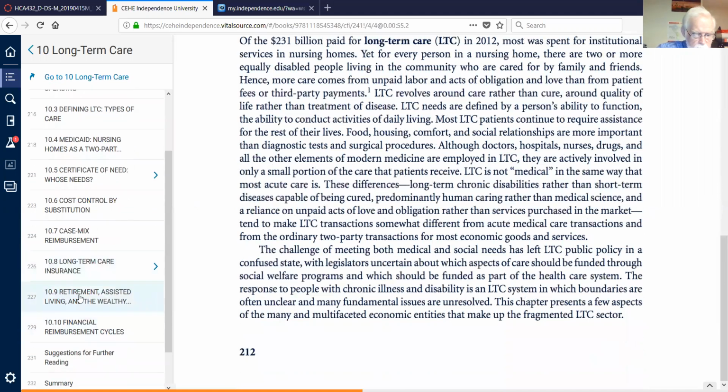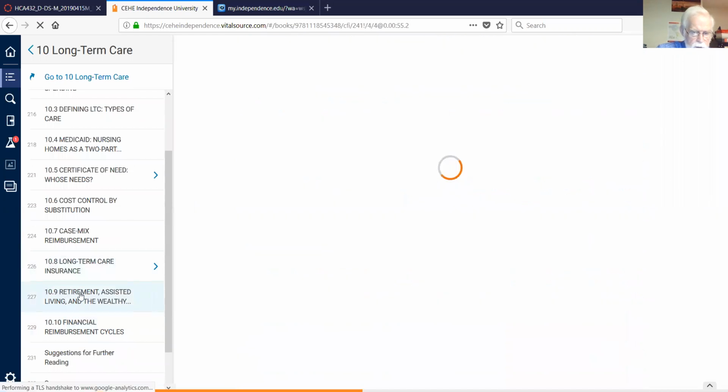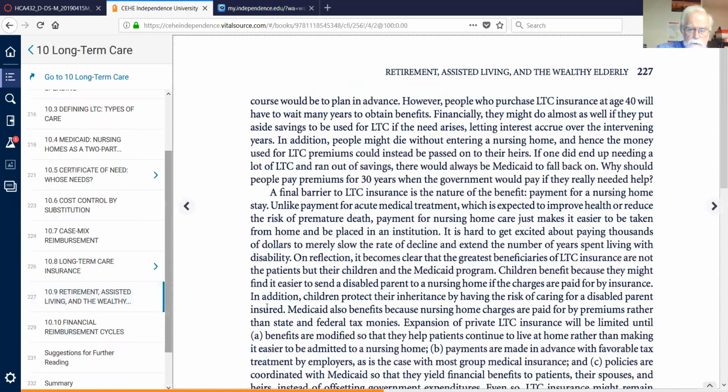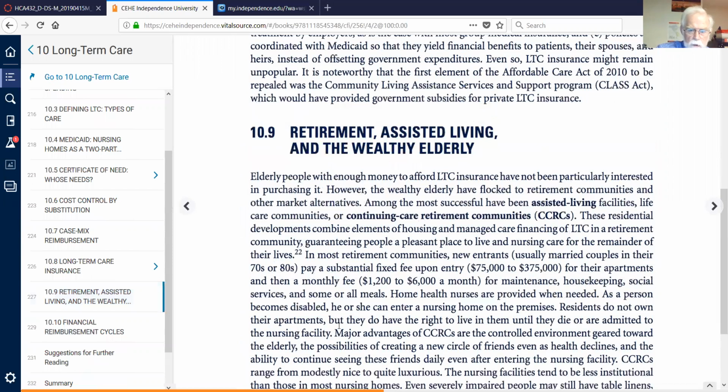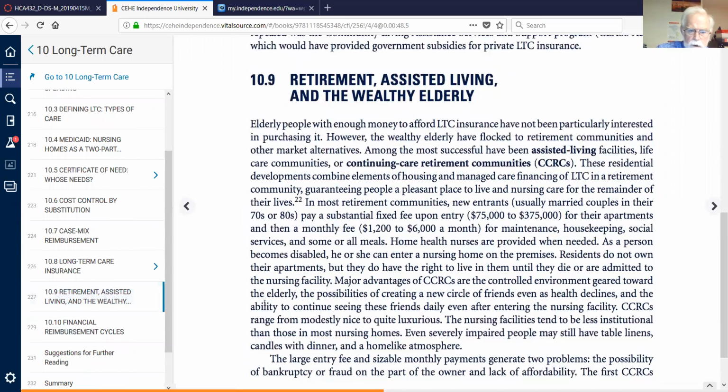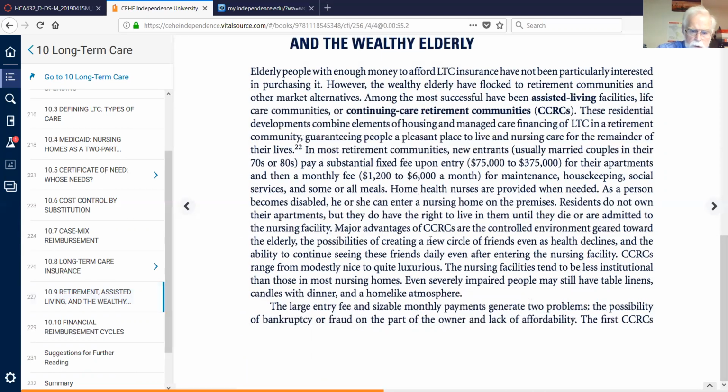And again, you mentioned in your first week's discussion the idea of the wealthy. Let's take a quick look at this one. The wealthy elderly can get into specialized communities. There's a whole article here, the whole system here, about assisted living and life care and continuing care retirement communities.